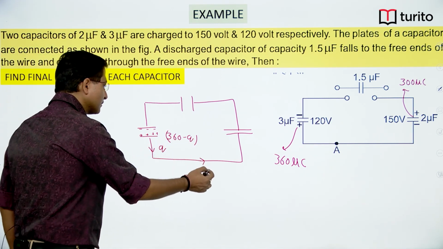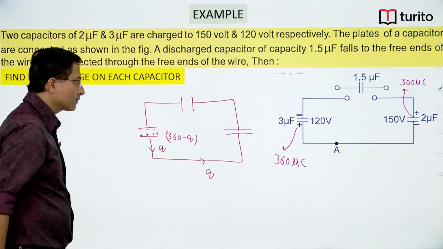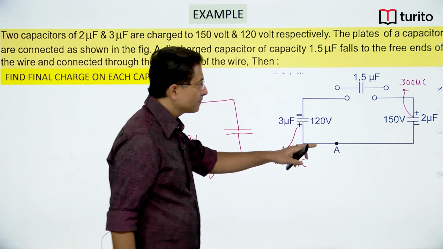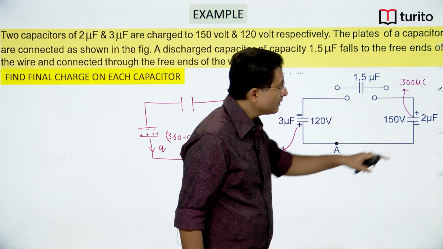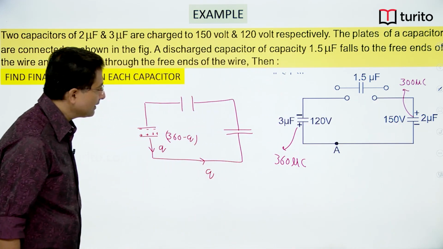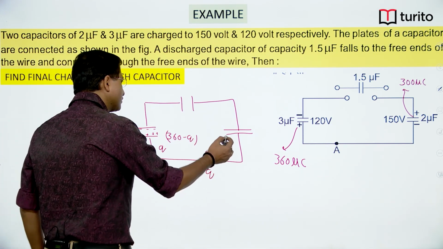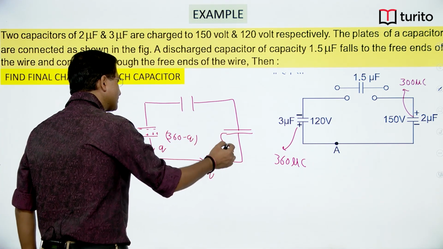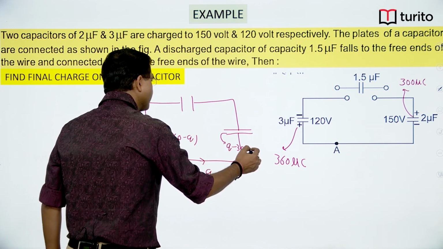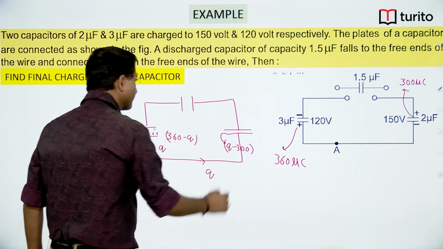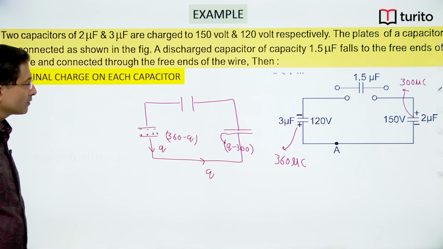How? Let us see. So Q charge goes and then it reaches here. This lower plate is having minus 300 microcoulomb charge, and it gets Q charge. So I can write it had minus 300 microcoulomb charge and gets Q charge.